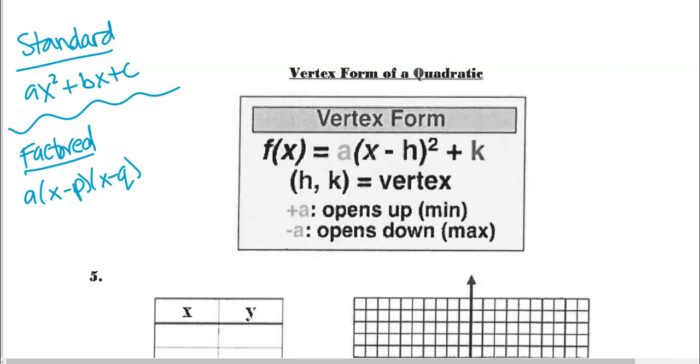If it was positive, now it's negative. To find our x-intercepts, the a value still told you if it opened up or down. Right? We multiplied the a, p, and q to get the c value or our y-intercept. Okay, so different pieces gave us different information yesterday with factored form.